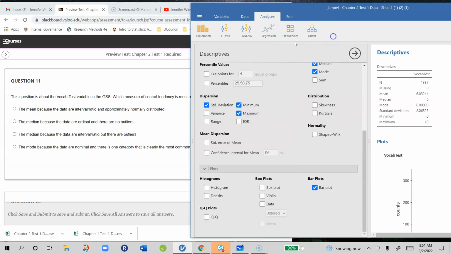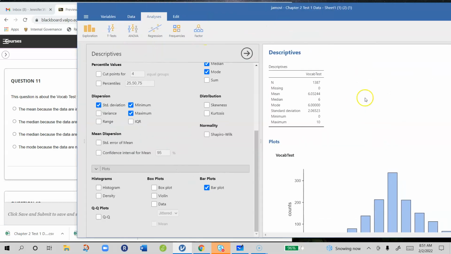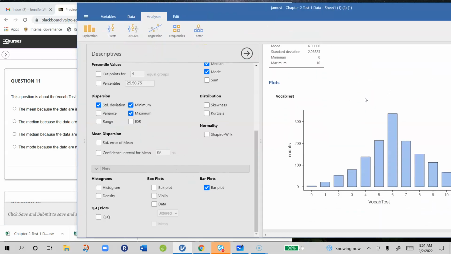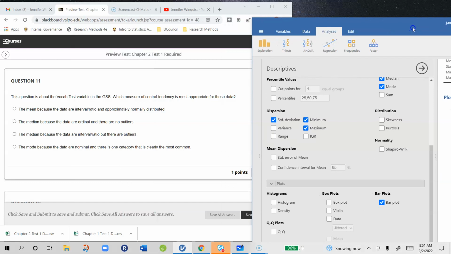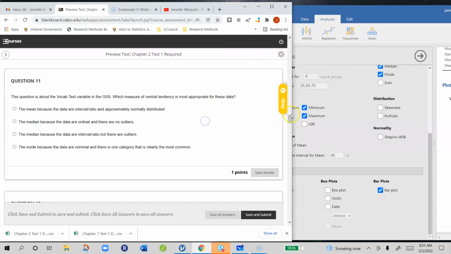If I look at my bar graph, you can see that our data are pretty close to normally distributed. So we have interval ratio data that's very close to normally distributed. There are no extreme scores or outliers here. And so we're going to use the mean. You always choose the mean if your data are interval ratio and pretty much normally distributed.